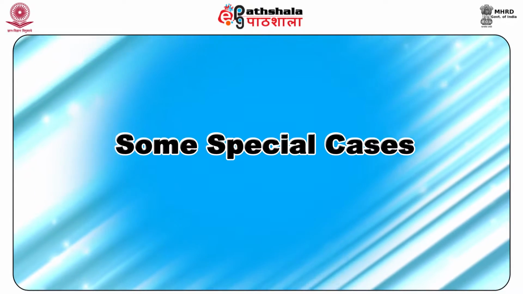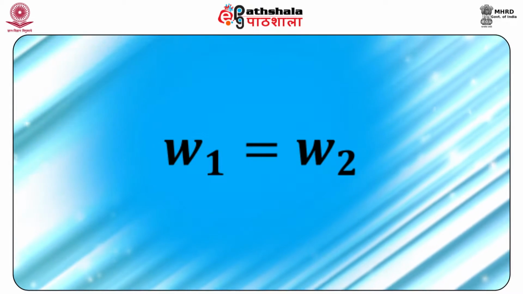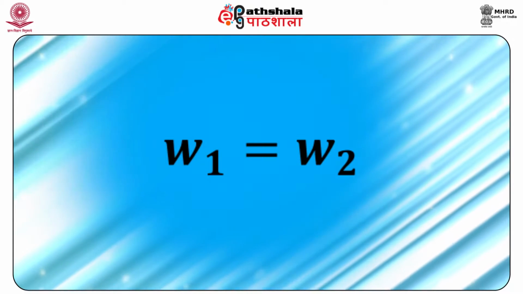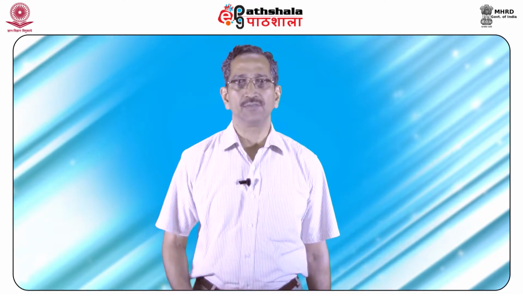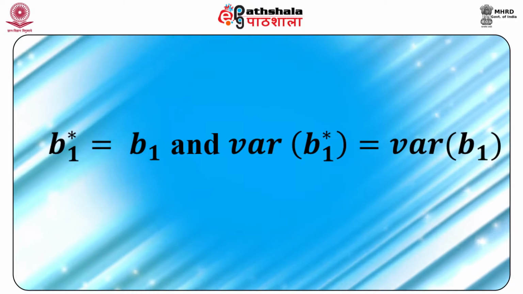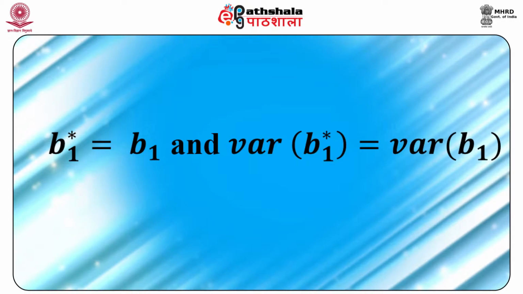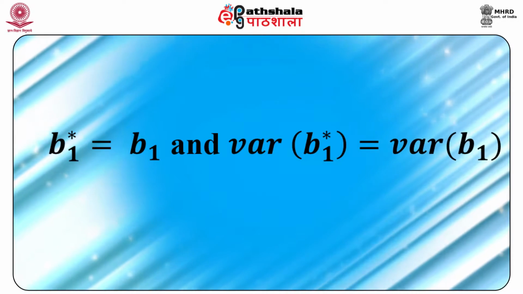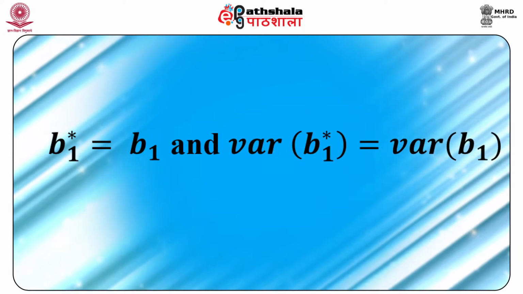Now, these are our standard results. Let us look at some special cases where W1 may or may not be equal to W2. Let me start with the first case where W1 is equal to W2, which means we are using the same scalars for both x and y variables. Then I am sure you can see from the formulas that b1 star comes out to be equal to b1 and variance of b1 star comes out to be equal to variance of b1.